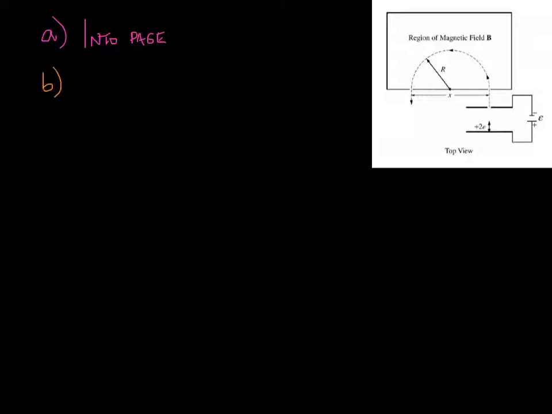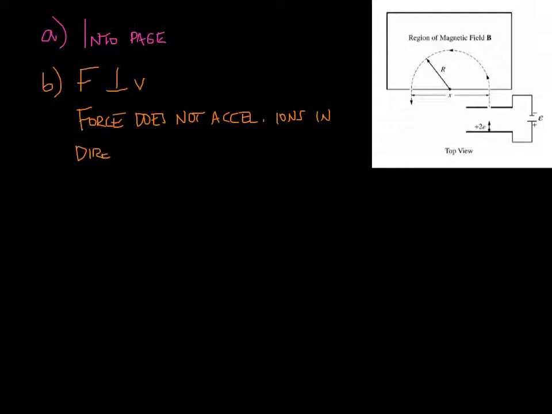For part B, the ions travel at a constant speed around the semicircular path. Explain why the speed remains constant. We know the magnetic force, F, acts perpendicular to the velocity. Because it's acting perpendicular, the force does not accelerate the ions in the direction of motion.